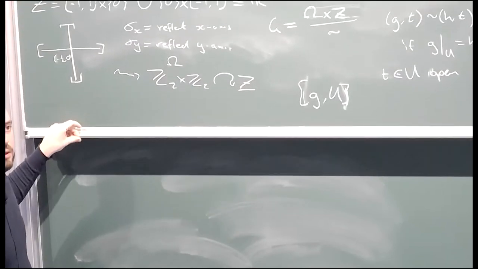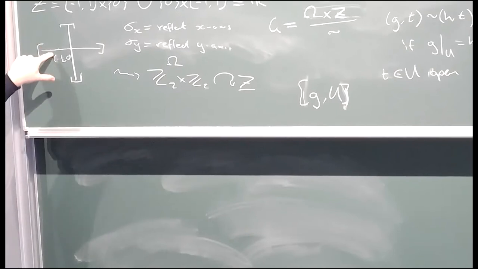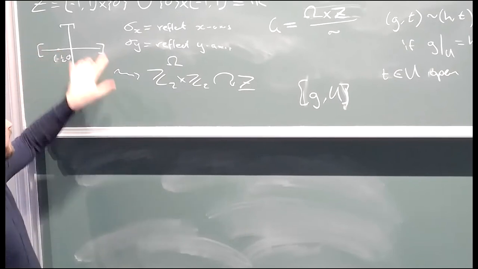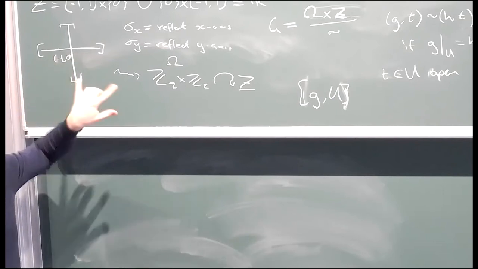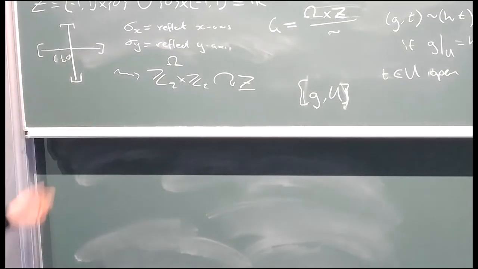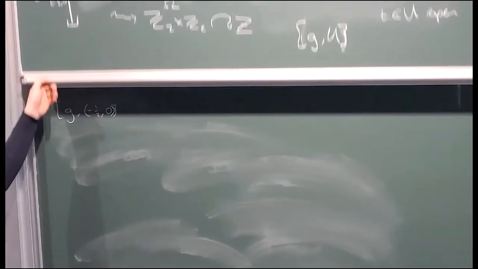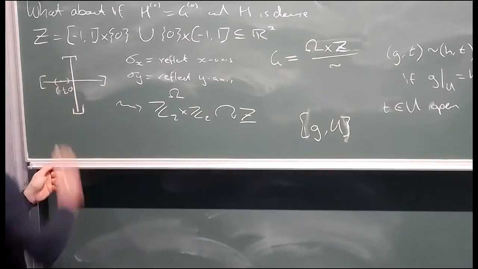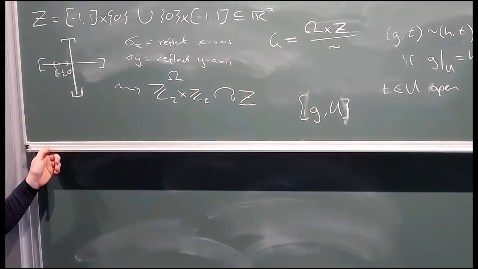I'll pull this down so that the camera can see it. So at this point here, the only thing that matters is whether or not I reflect the x-axis. What's more, on a neighborhood of this point, all that matters is that I reflect the x-axis.